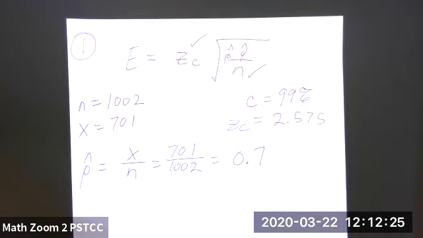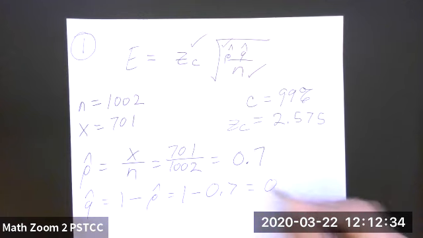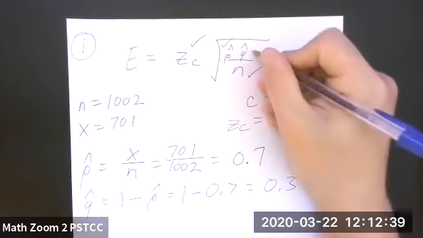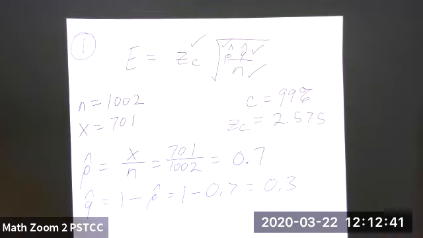0.7. Remember, Q hat is simply 1 minus P hat, which is 1 minus 0.7, which is 0.3. And now we have everything we need to get the margin of error.